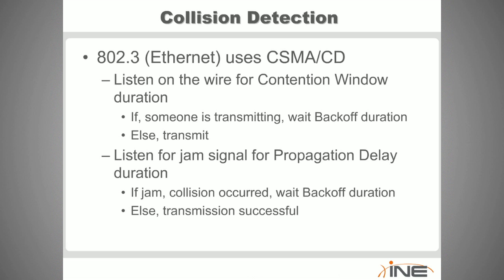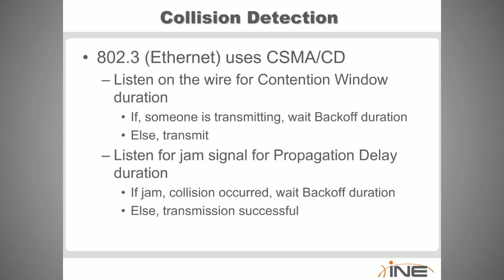Okay, the listening period is known as the contention window. So we're trying to contend, or we're fighting for the physical wire in order to make a transmission. Now, if someone is transmitting while we're listening during this contention window, we're going to go through a basic backoff algorithm that says we're going to wait a certain amount of nanoseconds or microseconds before we try to check the wire again.